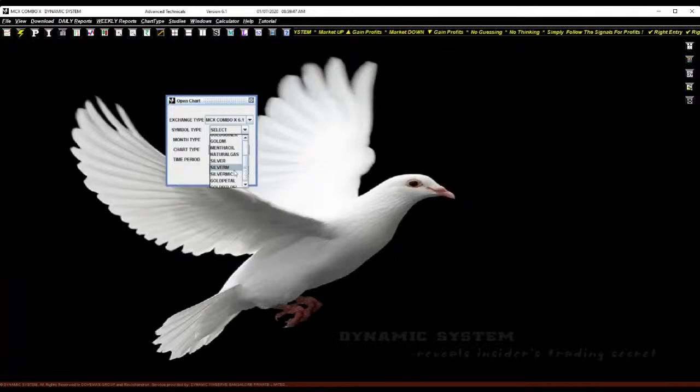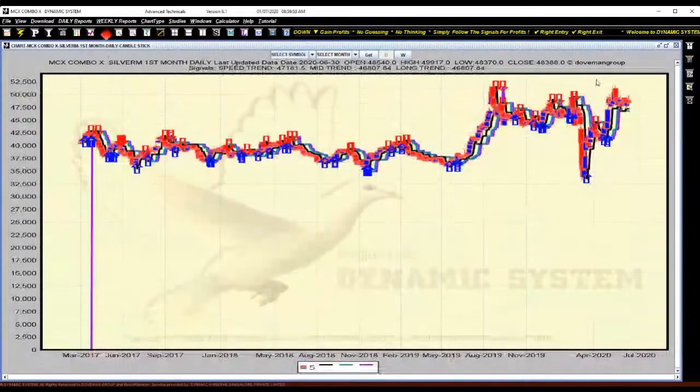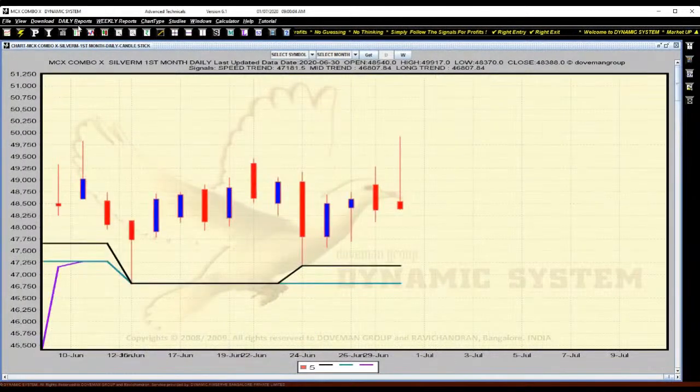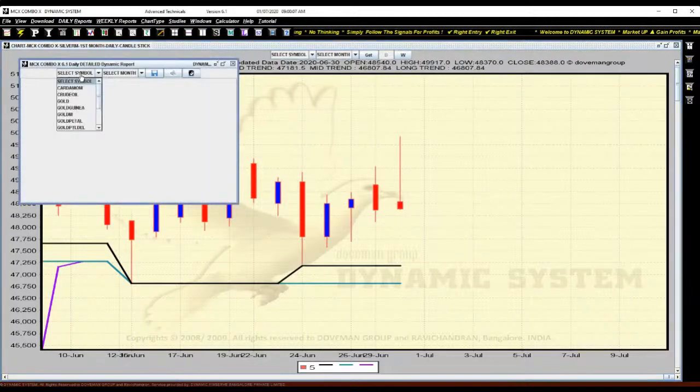Hold on, Mr. Sushil. Yes, as it is, we are holding on to the long position. Now let me check what is the range 4 value to understand where our exit point for today is.